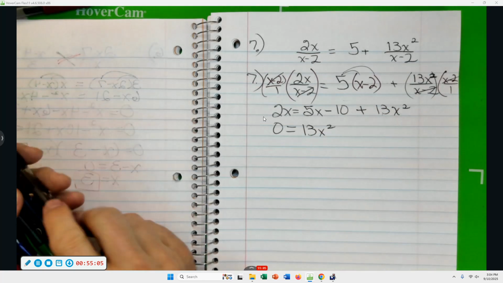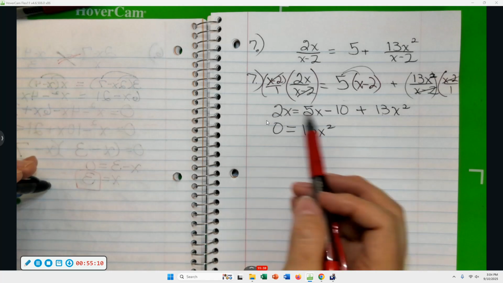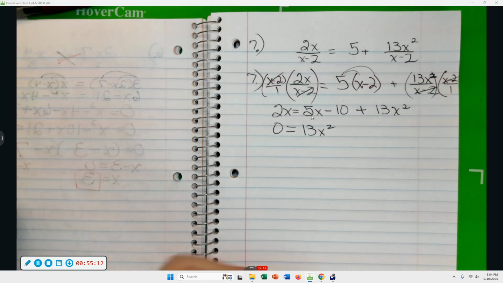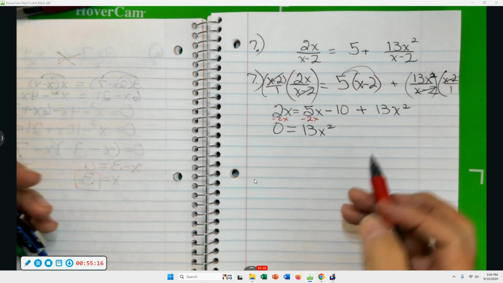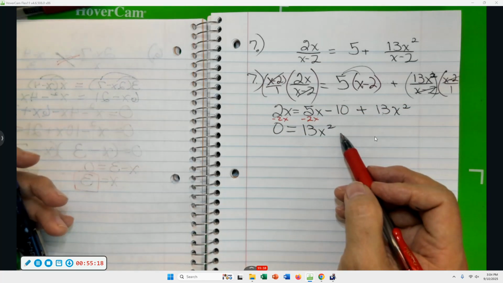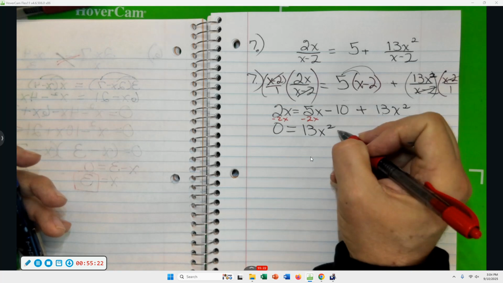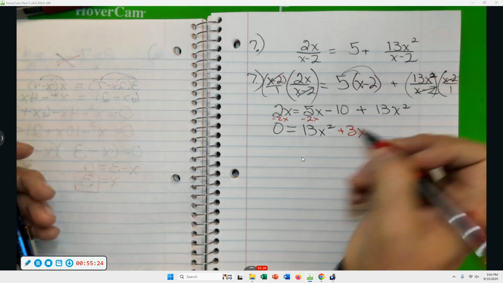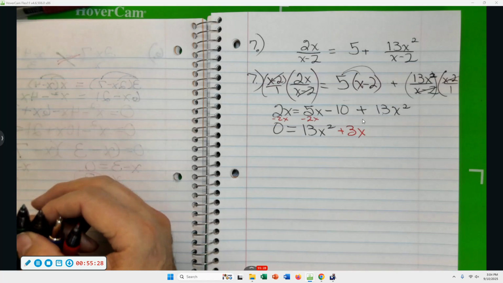I think y'all are ready to combine the x terms like this. Just write minus 2x. I'll write a minus 2x and a minus 2x. What's that going to give me right here? Plus 3x? 5x minus 2x gives me a plus 3x. What else do I have there on the right-hand side? The negative 10.